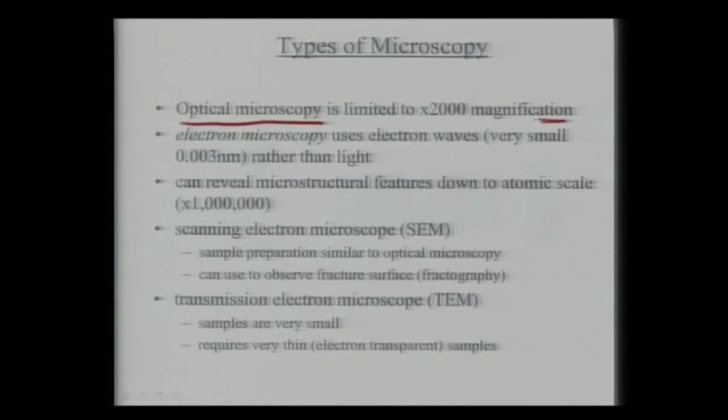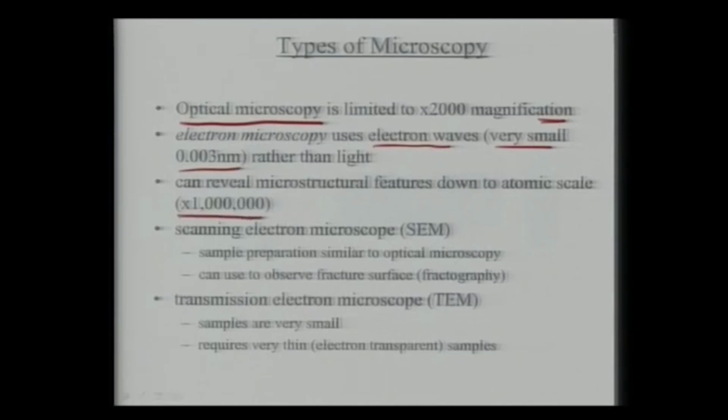Then comes electron microscopy, which uses electron waves with a very small wavelength, of the order of 0.003 nanometer, depending on the accelerating voltage. Electron microscopes, like the scanning electron microscope or transmission electron microscope, can be conveniently used to reveal the structure in much more detail, up to 1 lakh or more than 1 lakh magnification.